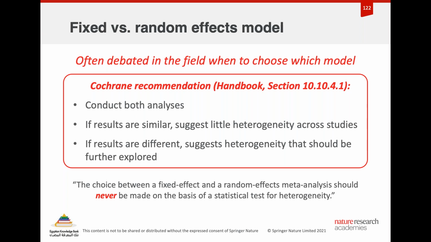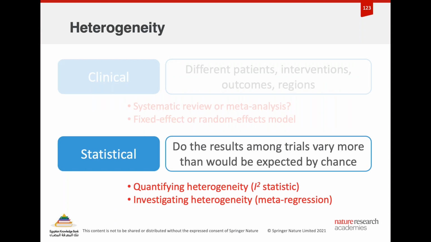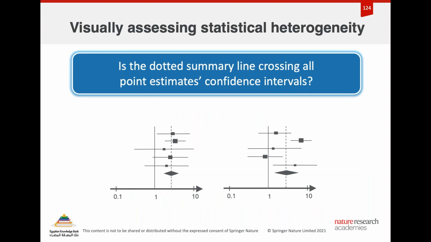Now that brings us to our last topic of the webinar, which is statistical heterogeneity. This is basically using a Cochrane Q test and I-squared statistic to try to understand whether the differences that you see are not due to random chance, that there is real heterogeneity in the studies. There are a couple of ways you can assess heterogeneity. One is visual.